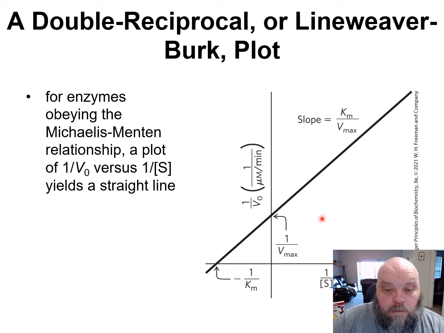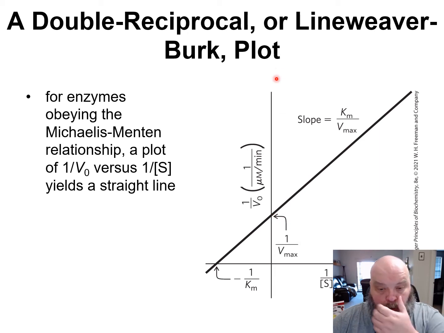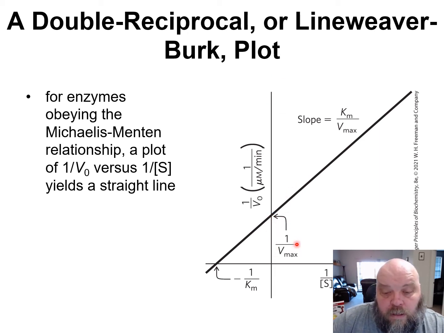Okay? Where the line intercepts the y-axis, that's 1 over Vmax. Where the line intersects the x-axis, that is negative 1 over Km.